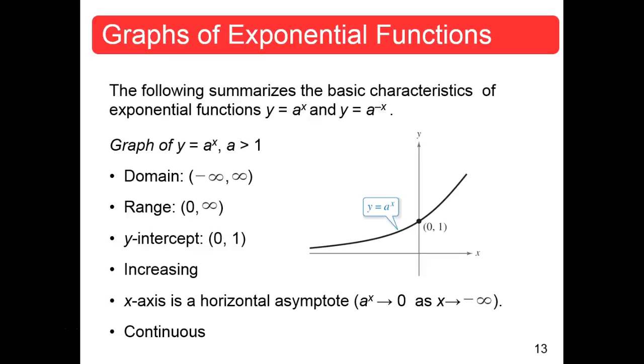A strictly increasing function tells you two other things. Number one, it's a one-to-one function. Number two, it has an inverse. We'll get there later. What about its x-intercept? It doesn't have one. How about the y-intercept? 0, 1, exactly. That makes the x-axis a horizontal asymptote only in the negative direction, not in the positive. The positive increases without bound.